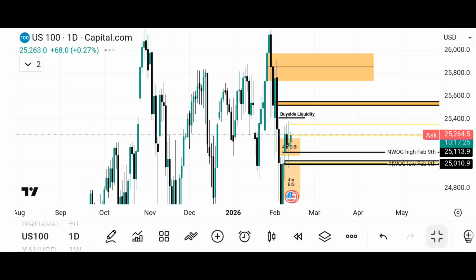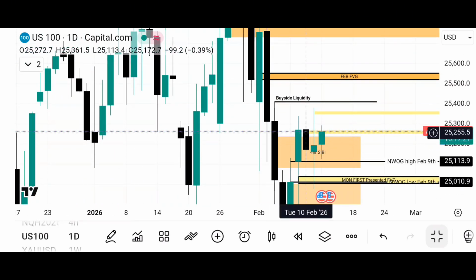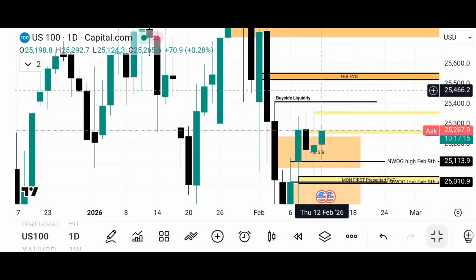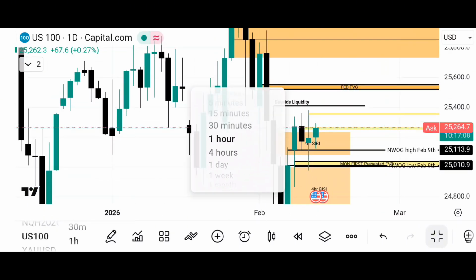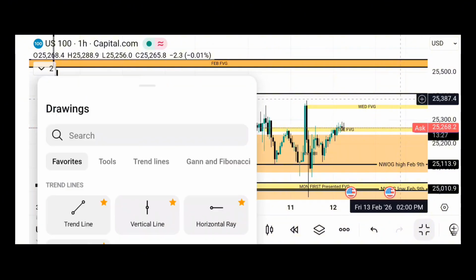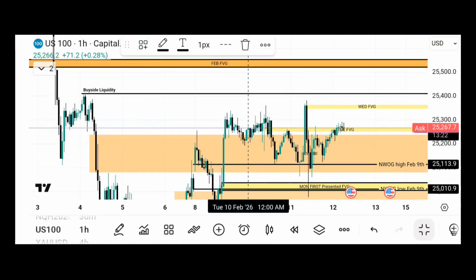So on the 10th, you can see it's a down close candle. Price has been consolidating in this range, but I know price is going to shoot up to this level right here since we are bullish. So here's the 1 hour time frame, and this is the 10th of February.